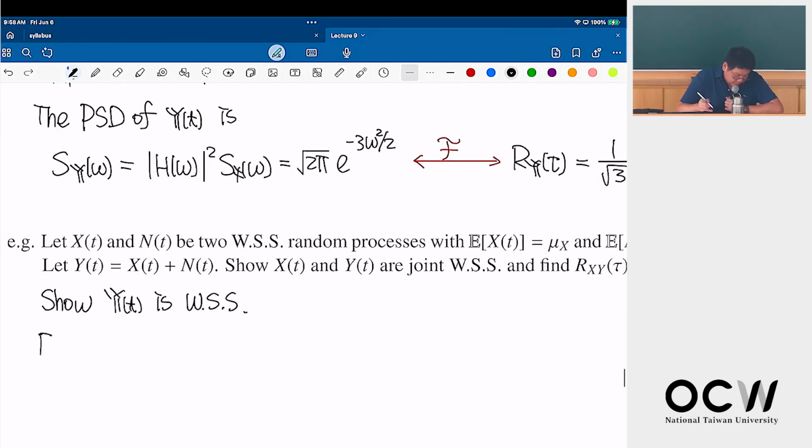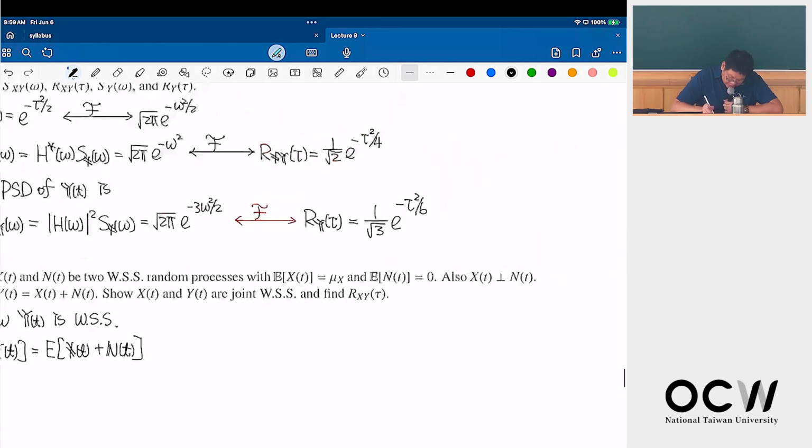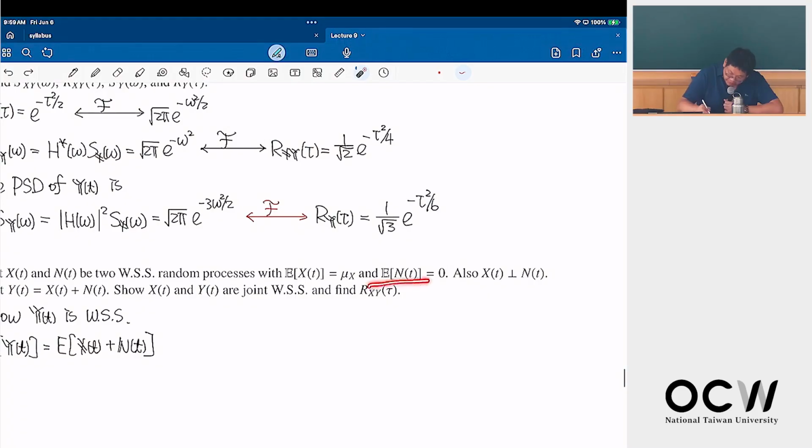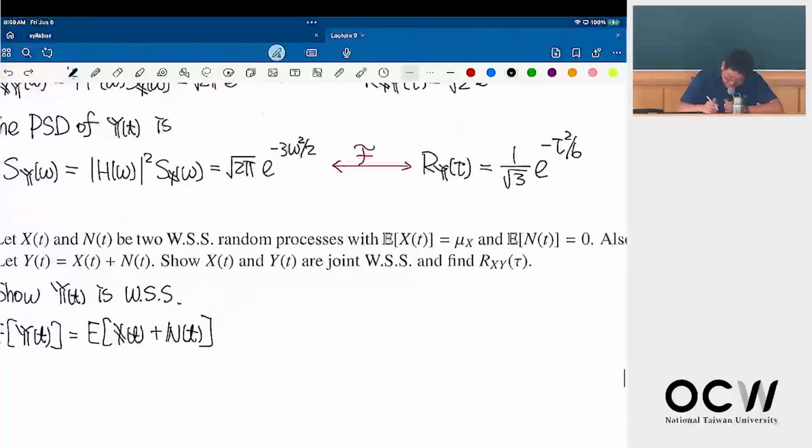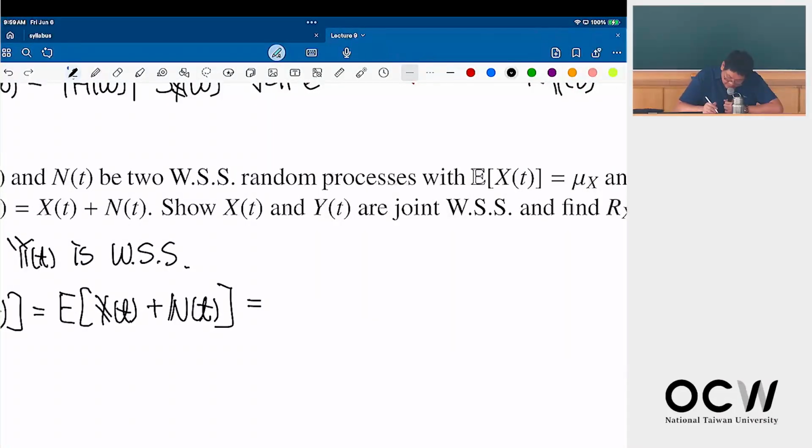So first, the expectation of y, that'll be expectation of x and n, and they are independent. The mean is 0 for n, and the mu x. So this one is mu x. It's also a constant.